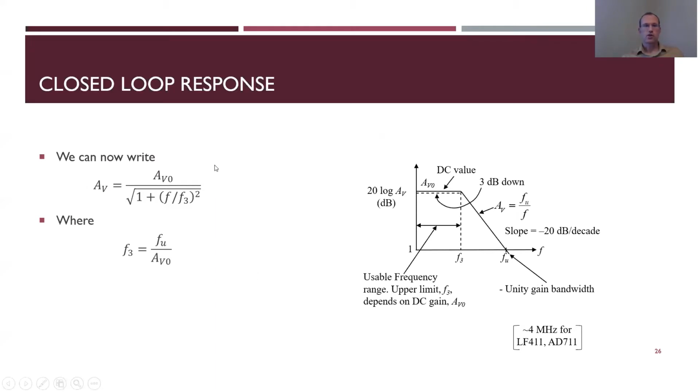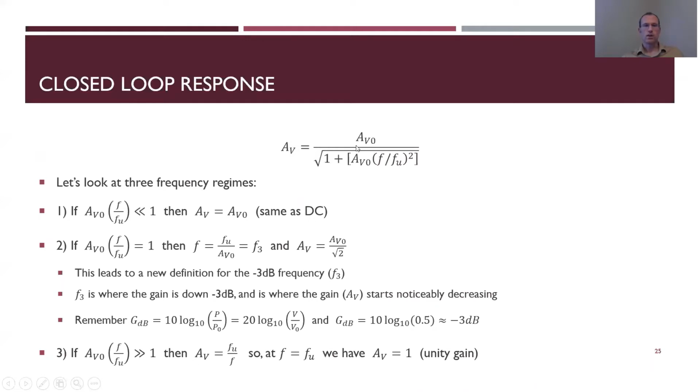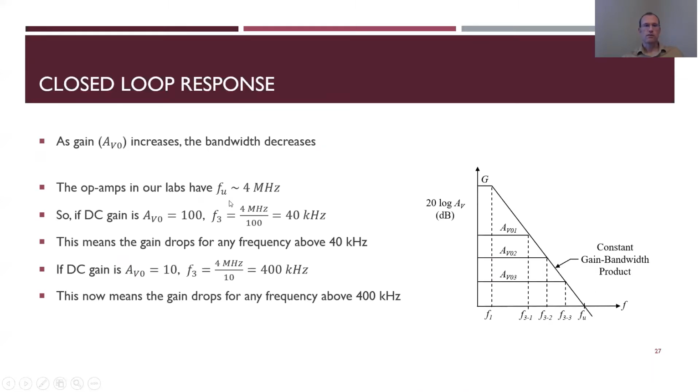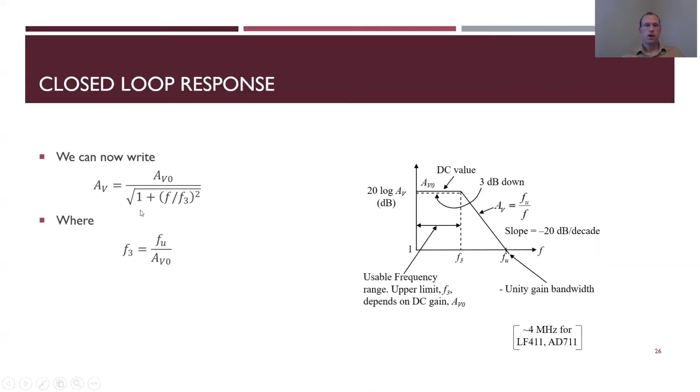Again, as a summary, here is the general equation for the gain AV based on the DC gain, which can be scaled by frequency. We have frequency FU with AV0, or we can drop that out and use F over F3, where F3 is the unity gain frequency over AV0. That's your -3 decibel frequency.